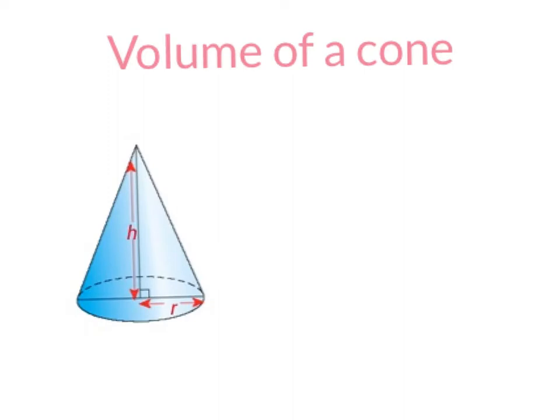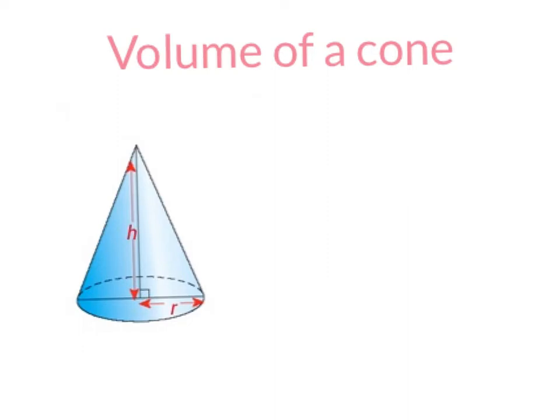Okay, cones is the next thing we're looking at today, and the formula for finding the volume of a cone is given to you in your log tables as well, so happy days, you don't need to learn it. It uses the r, which stands for radius, and h, which stands for height, so perpendicular height here. Notice the 90-degree angle that's created.